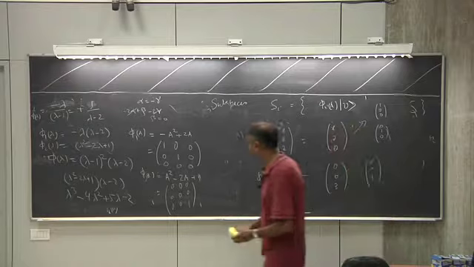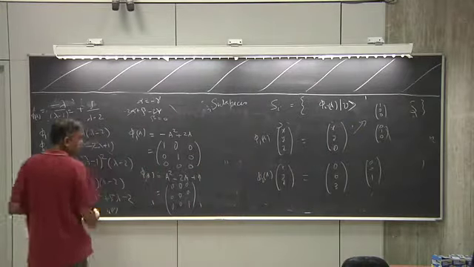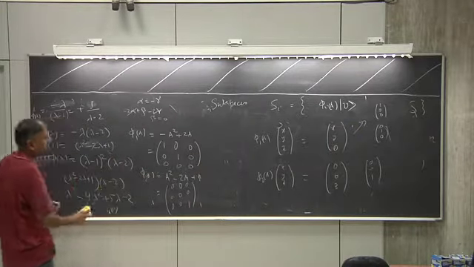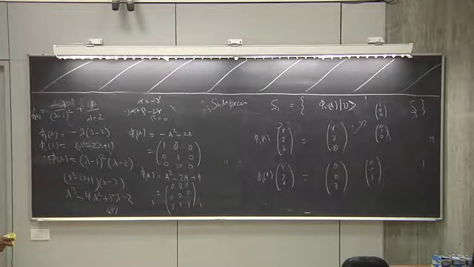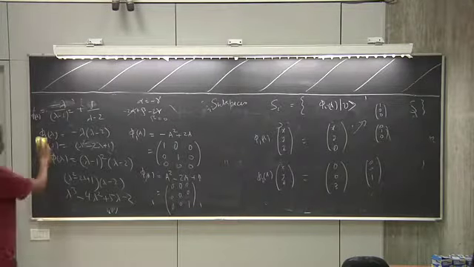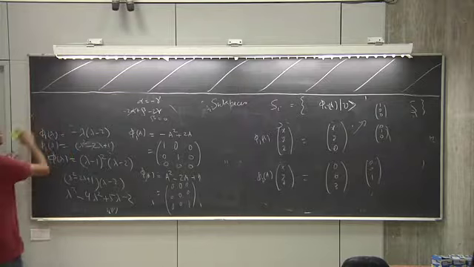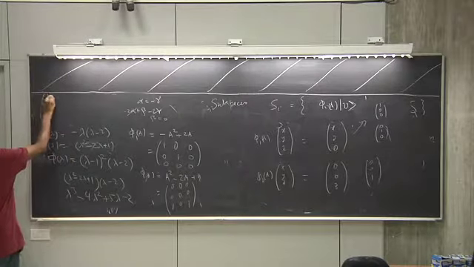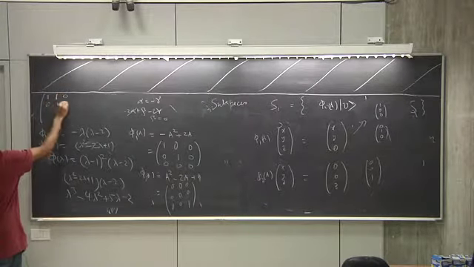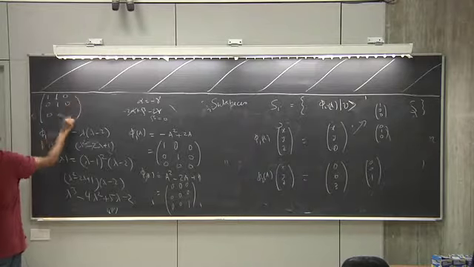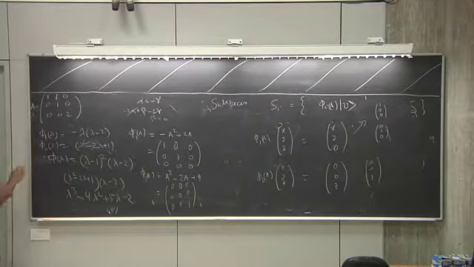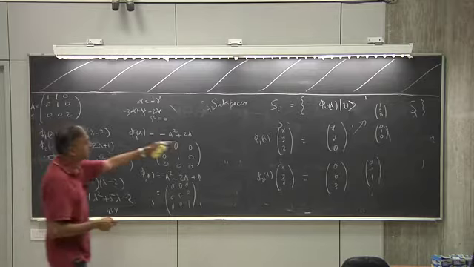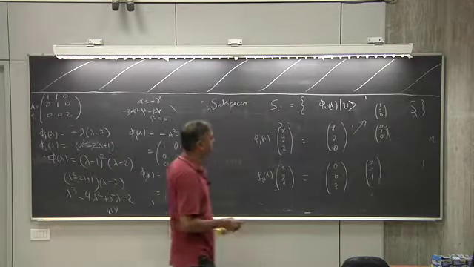Let's check that. I erased a itself. What was a? Do you remember? I should have kept it. So it was 1, 1, 0, 0, 1, 0, 0, 0, 2, right? This was a.